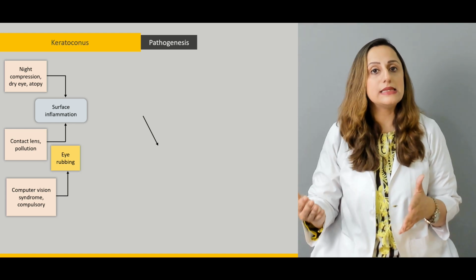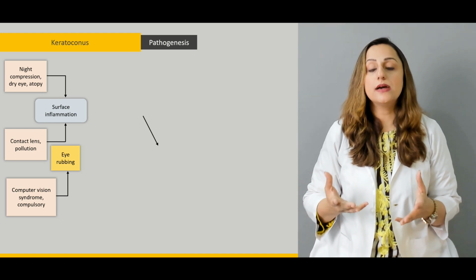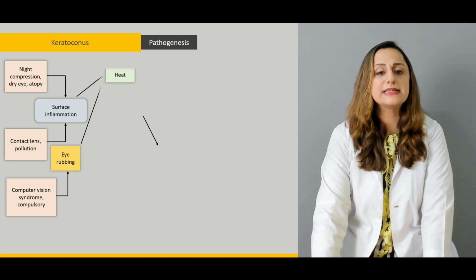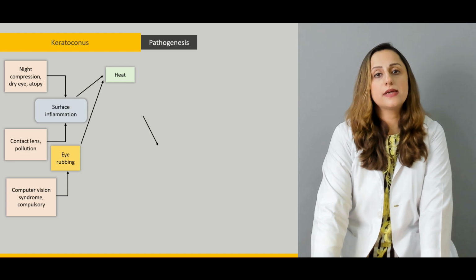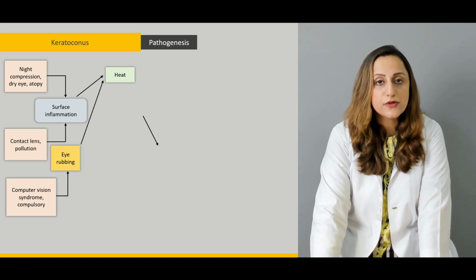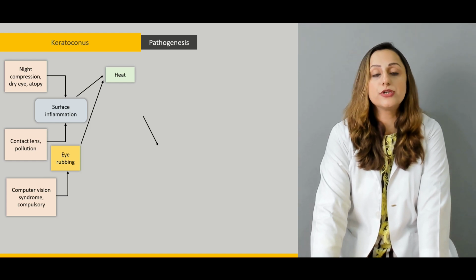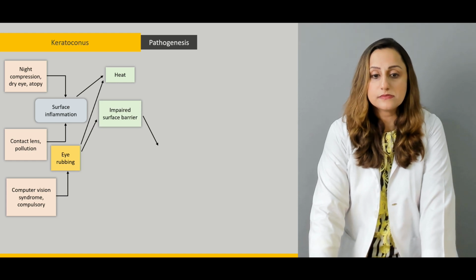It results in eye rubbing quite frequently, which can be a cause of microtrauma, and again it can result in slight inflammation of the cornea. Whether there is just a mechanical irritative episode or an inflammation, it is going to lead to the production of heat at the corneal epithelium.